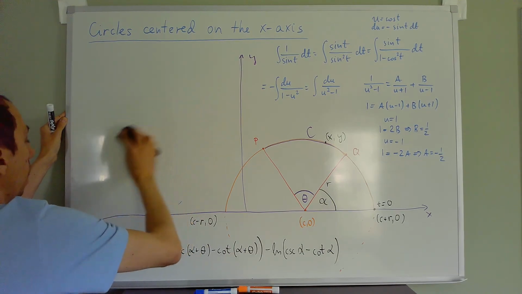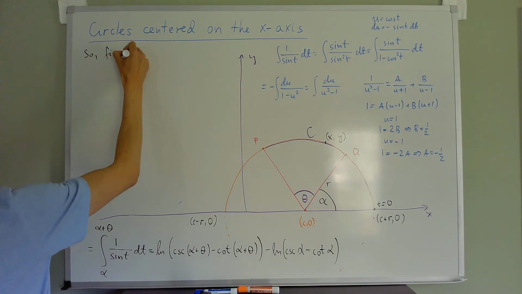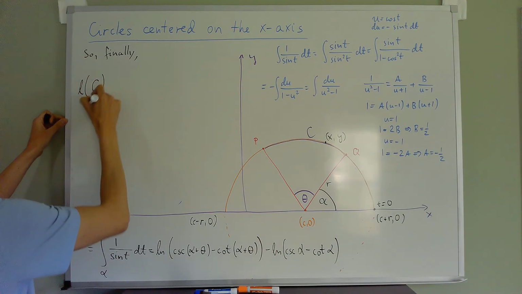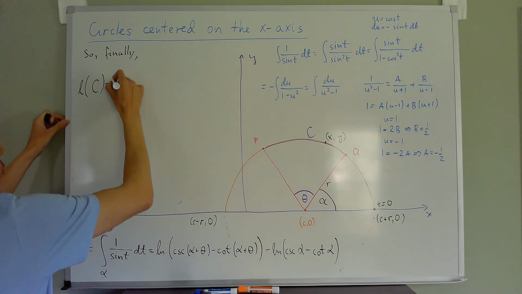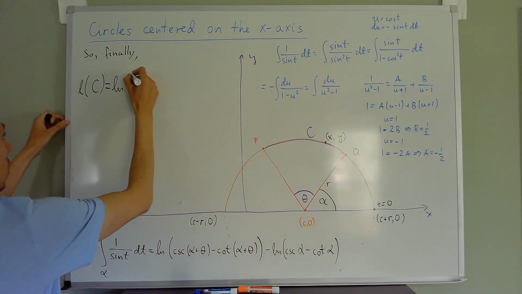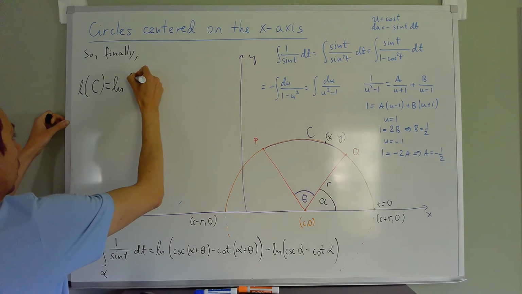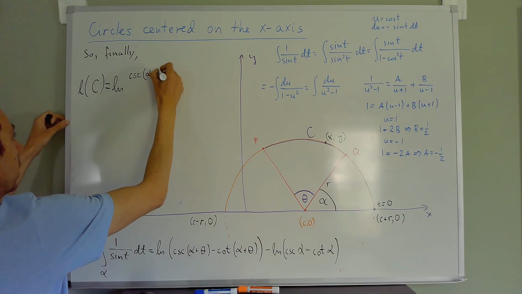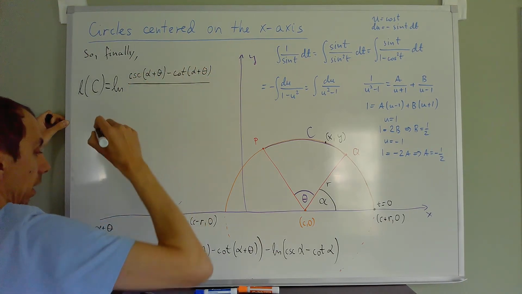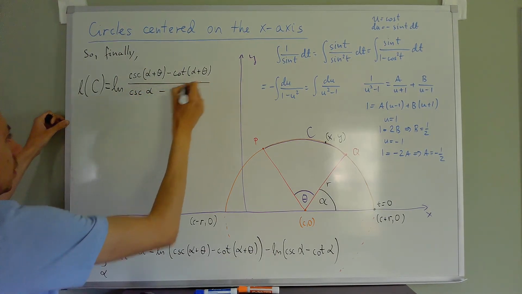So we get, finally, that the length of this curve C is equal to natural log of, this goes on top and this goes on bottom, so it's cosecant of alpha plus theta minus cotangent of alpha plus theta divided by cosecant of alpha minus cotangent of alpha.